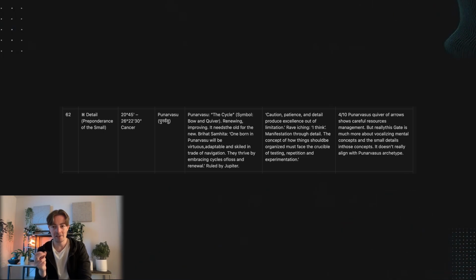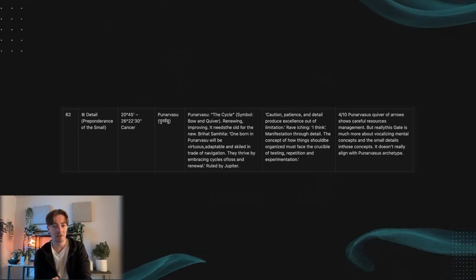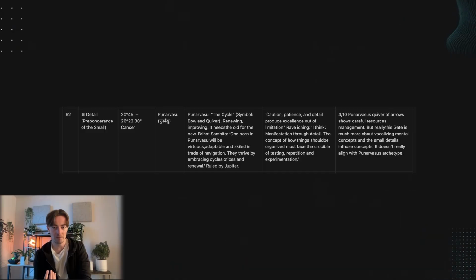However, there is this sense of testing, repetition, and experimentation with those small details, which sort of matches with this cyclical analysis of Punarvasu, but not quite. It's a kind of a link there, not massive.